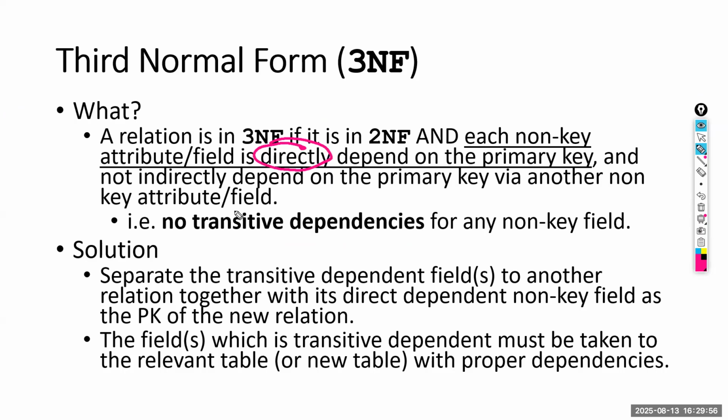Another name for indirect is transitive. I hope you know the word transitive, right? For example, when you are leaving the country or going for a tour, say from Colombo, you want to go to Japan or maybe London or Paris. Most of the time you don't have a direct flight.